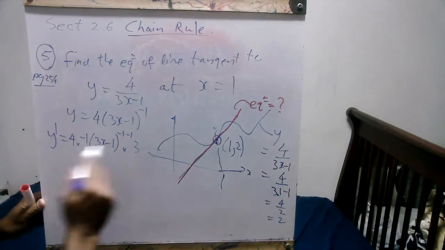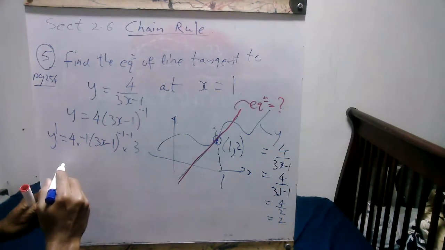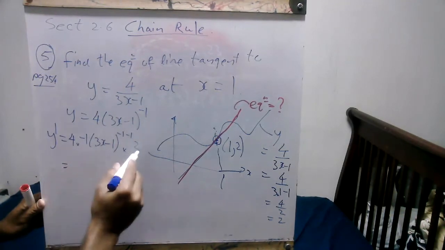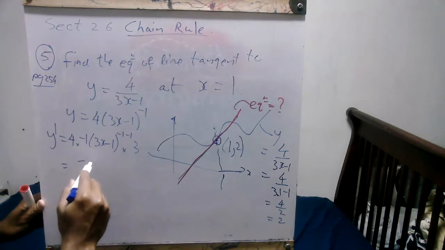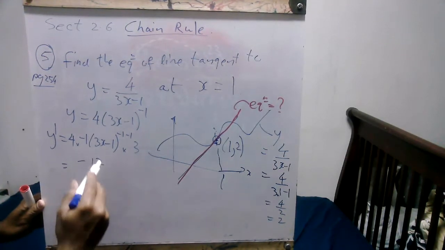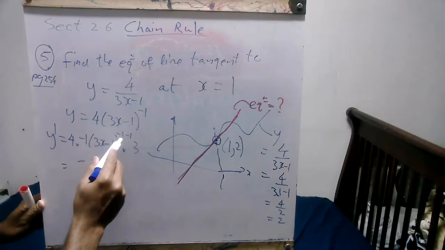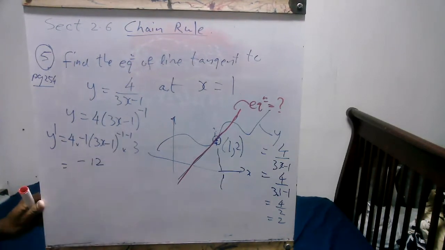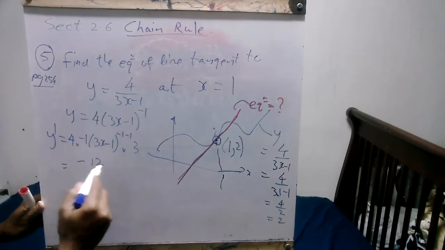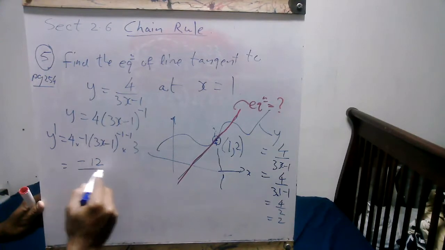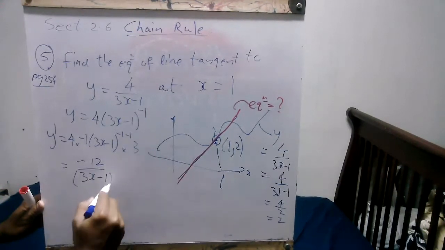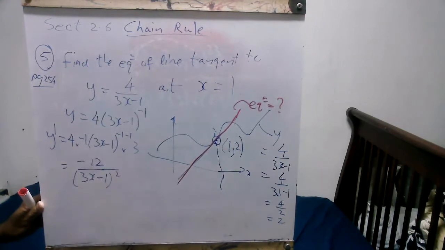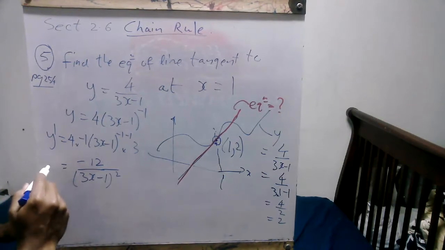Now let's simplify this. 4 times negative 1 times 3 is negative 12. 3x minus 1 to the power negative 1 minus 1 is negative 2. We can write that as 3x minus 1 to the power positive 2 in the denominator, right? So this is y dash.